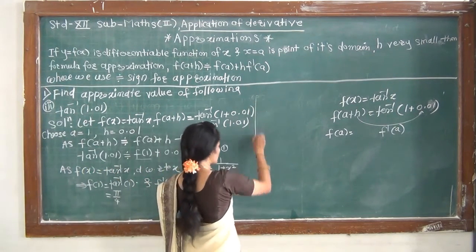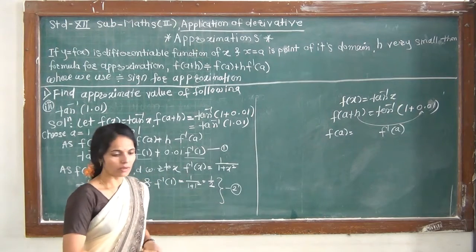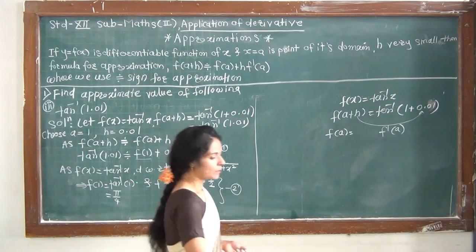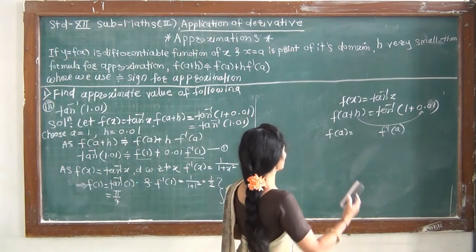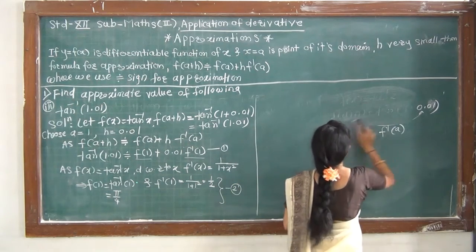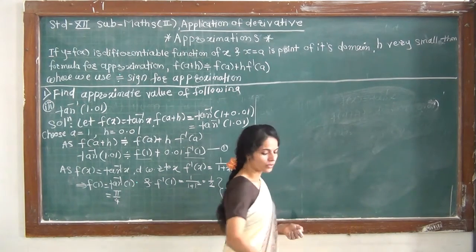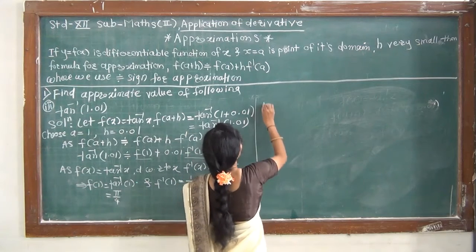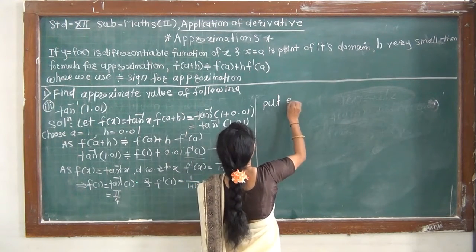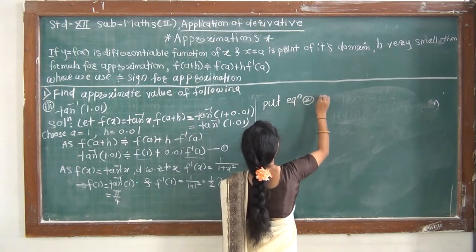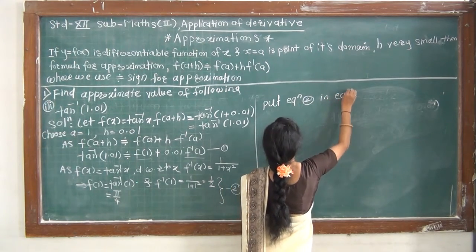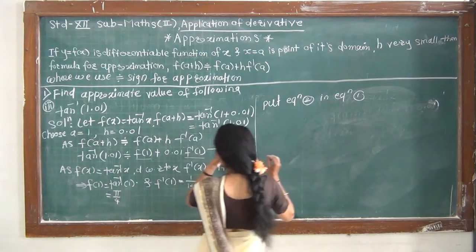Now what is the next line? As usual, we are putting the values from equation 2 in equation 1. What do we get?